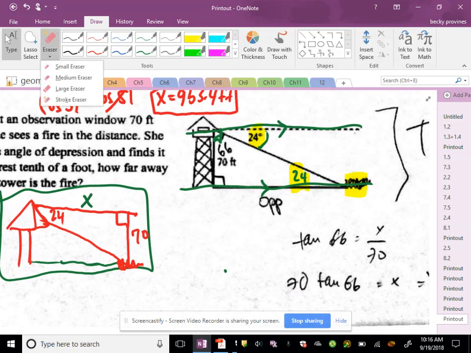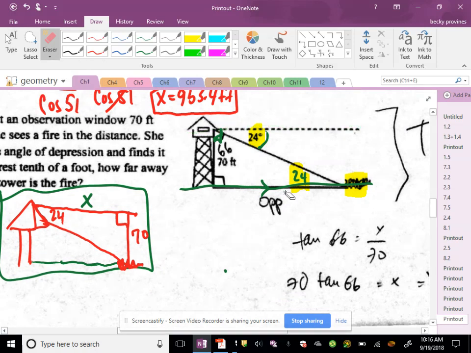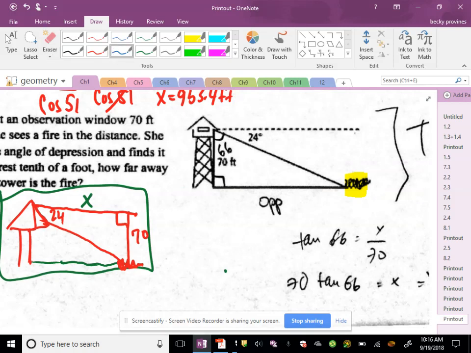Okay, so let's set this thing up. And I'm just going to set it up putting the 66 in. So I'm going to say, from my 66, what two sides do I have? I have the opposite side, which I already have labeled. And what's this side over here? What's the 70? The 70 is the adjacent side.